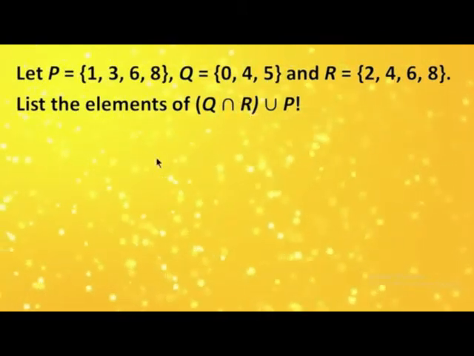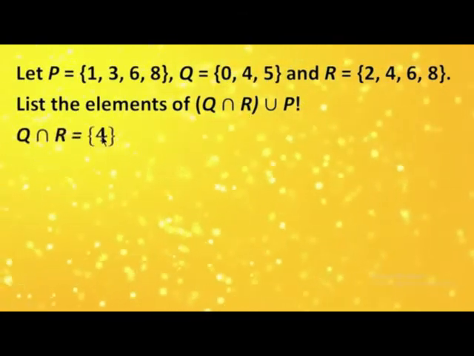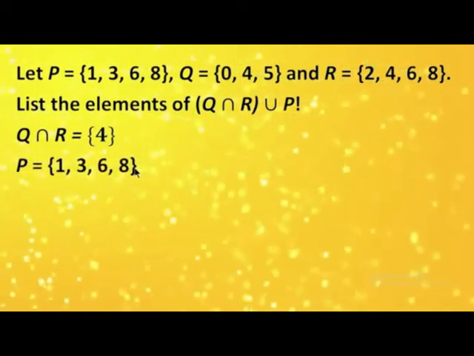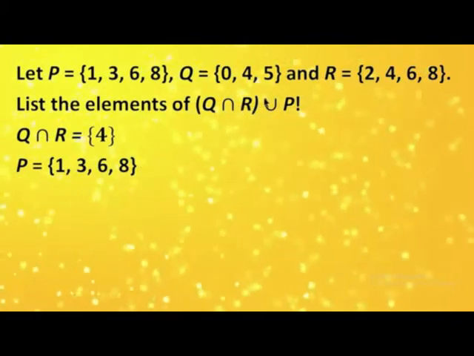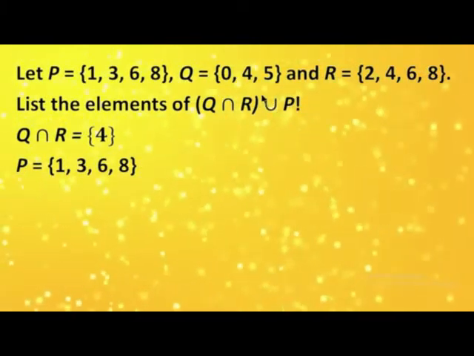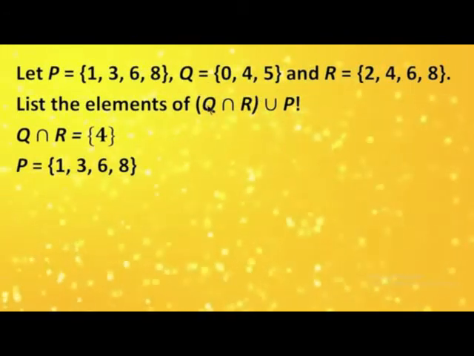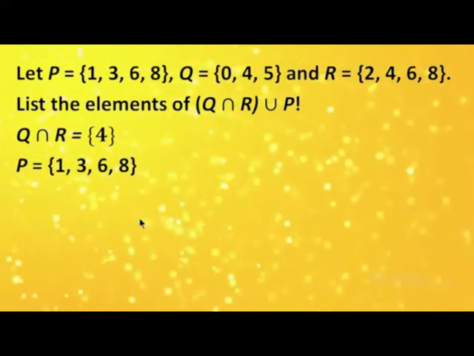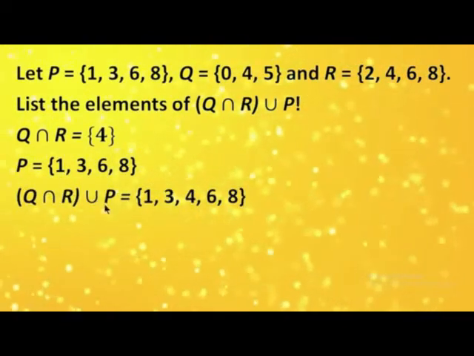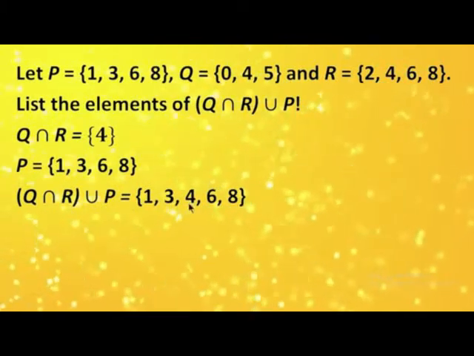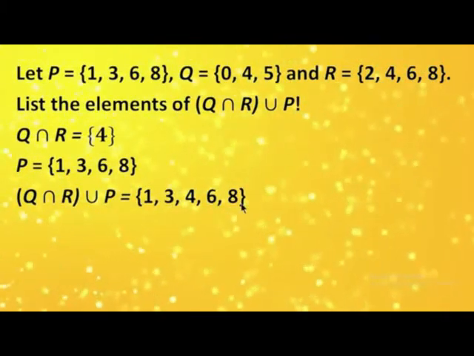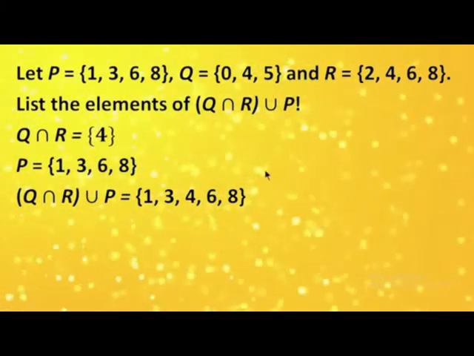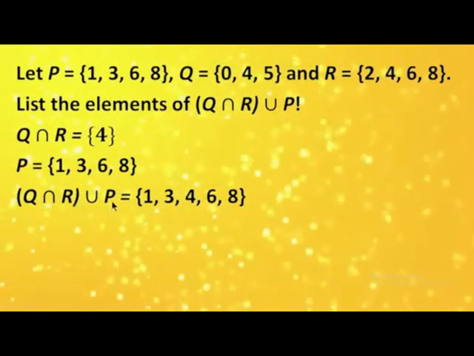We have found that Q intersection R is actually 4, and then we know that the elements of P are 1, 3, 6, 8. So for Q intersection R union P, you need to list all the elements of Q intersection R plus the elements of P. So the elements of Q intersection R union P are actually 1, 3, 4, 6, 8. You just need to list the elements of P and the elements of Q intersection R. These are the elements of Q intersection R union P.